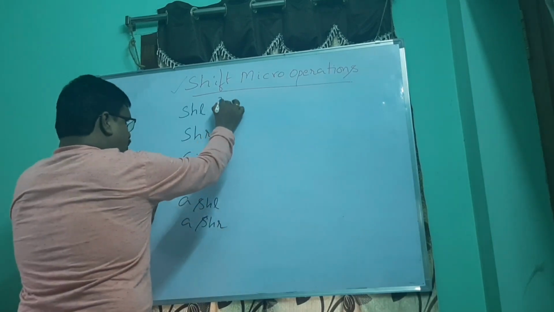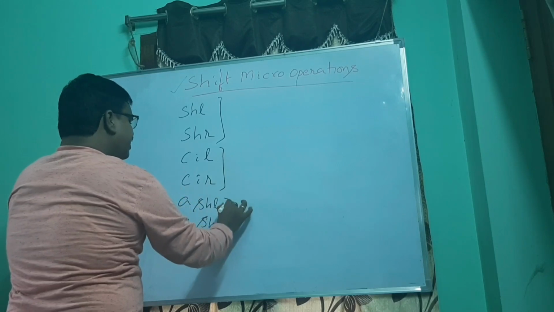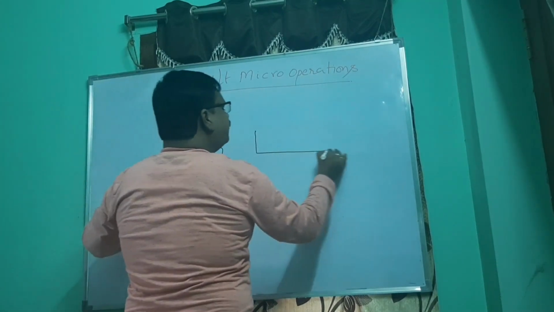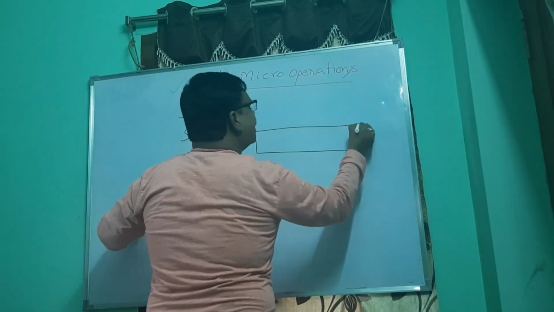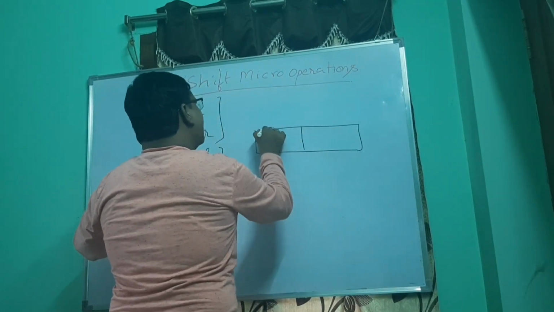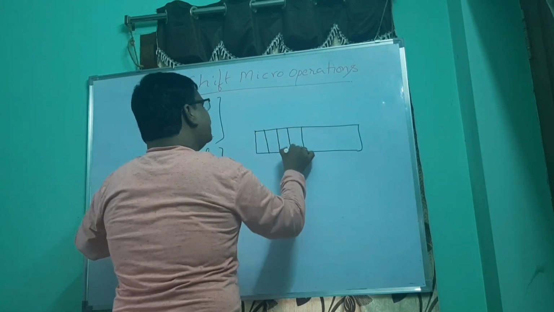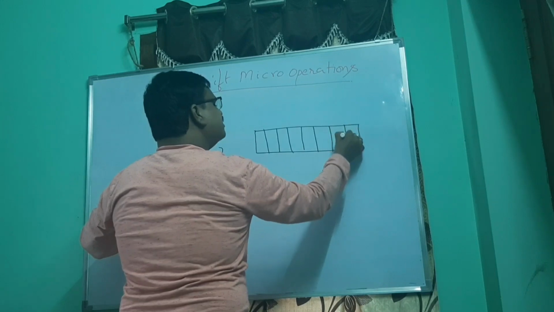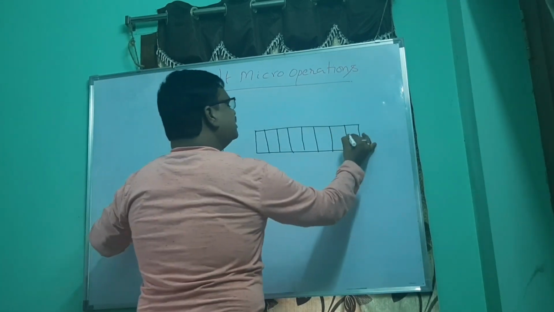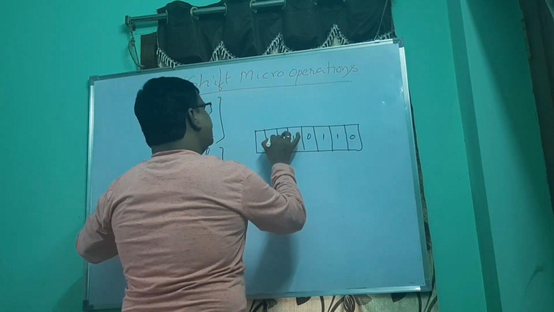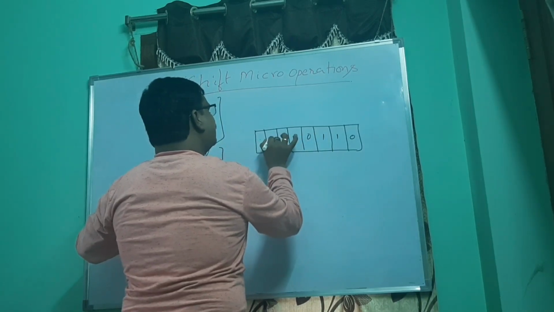But what is the difference between each of them? For example, take an 8-bit register that holds some data, say 0, 1, 1, 0, 1, 1, 1, 0.